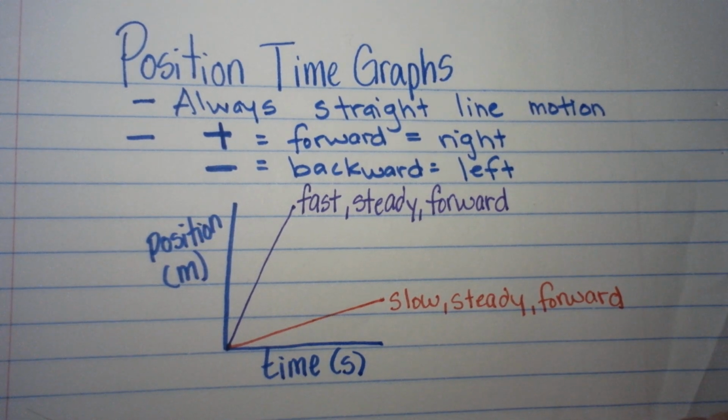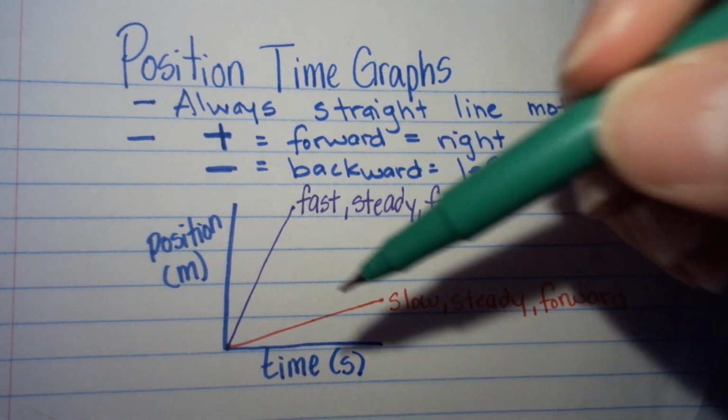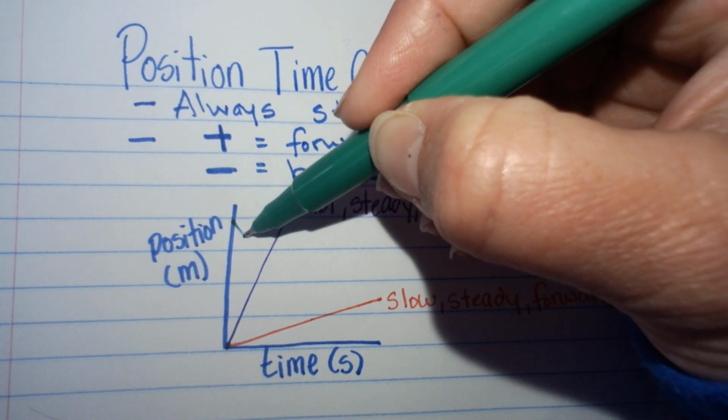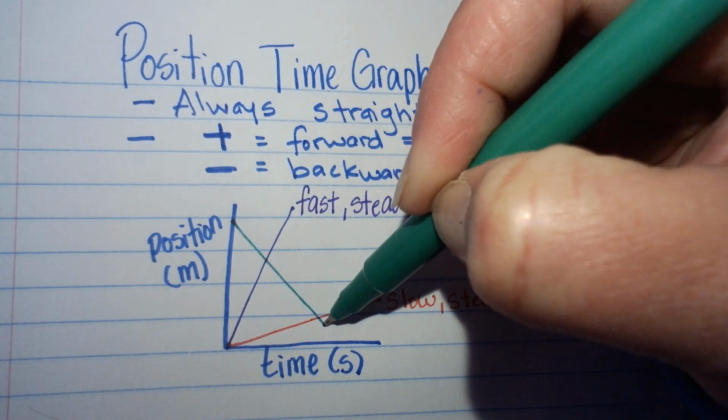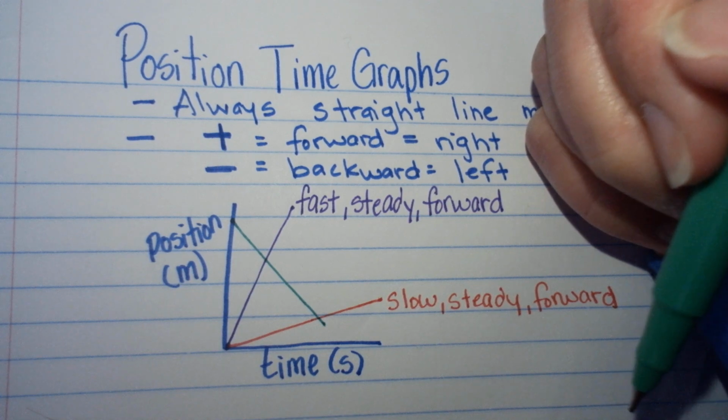Alright. What if I have a line that is going this way? Am I going forward or backward?